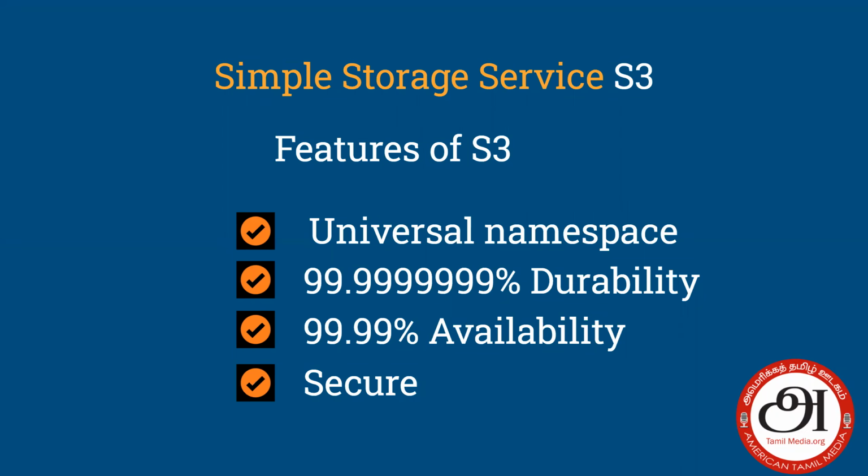That is the durability of S3, because it stores in multiple availability zones. When you upload one file, it's by default stored in multiple availability zones. That's why you get that high durability. It is redundant. Multiple copies are stored, and if one is lost, you still have 2 other copies available.